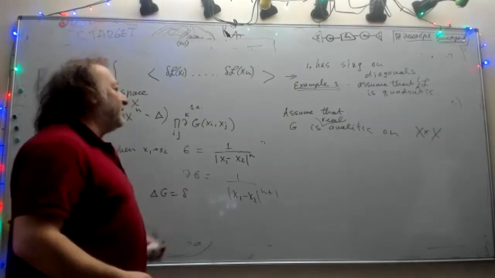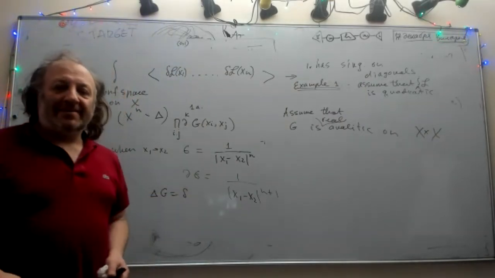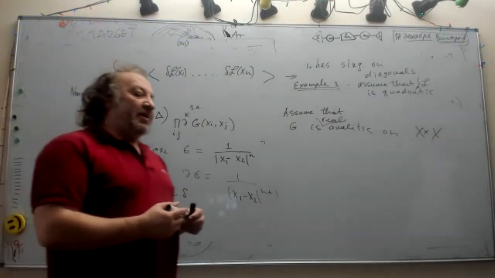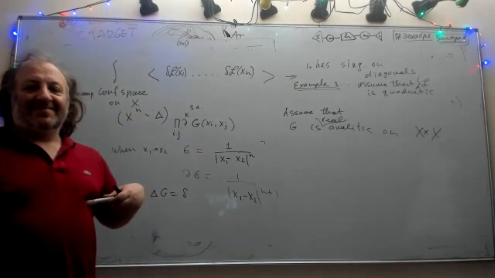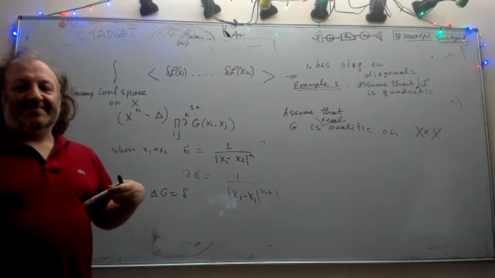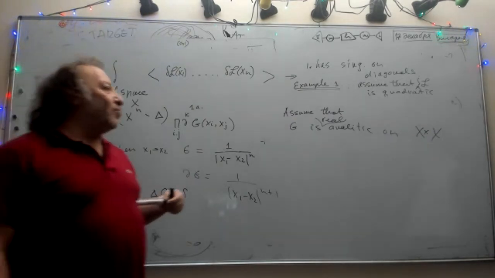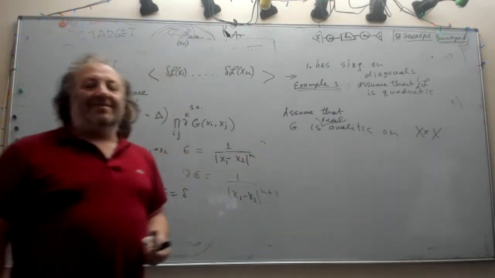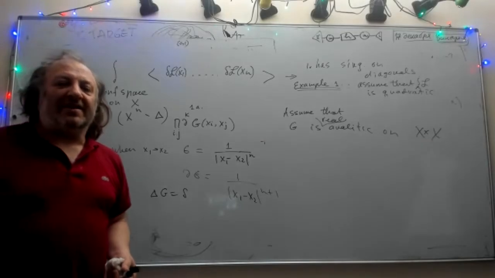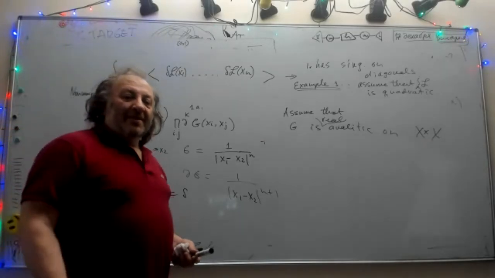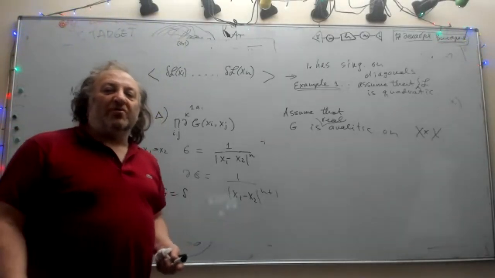So it is a good assumption. In the examples that we have, it is real analytic. I don't know how we can prove it, but in the examples that I know it is real analytic, and I don't see why it should not be real analytic.